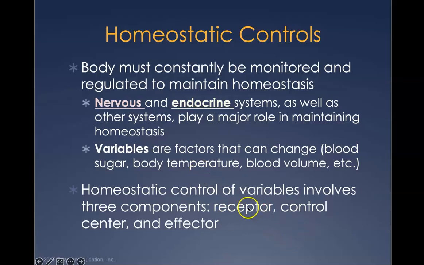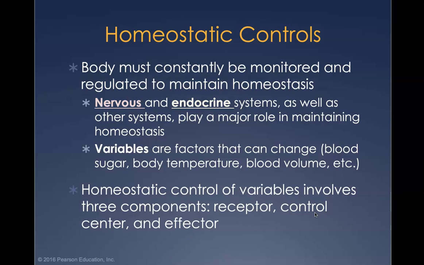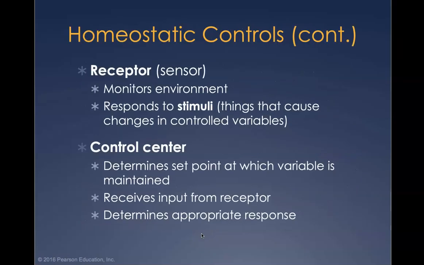Then that receptor is going to send information to the control center, and that control center is going to say, okay, there was a change. So now we need to send a message to bring us back to homeostasis. It'll send out that message to some type of effector, and then that effector can help to bring you back to homeostasis.